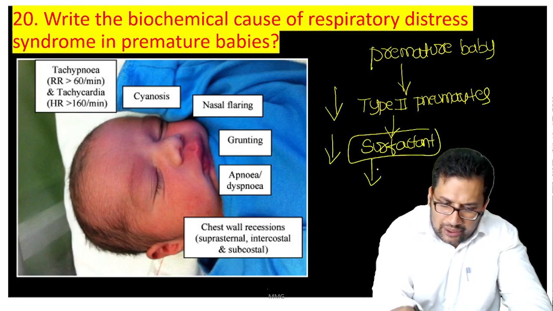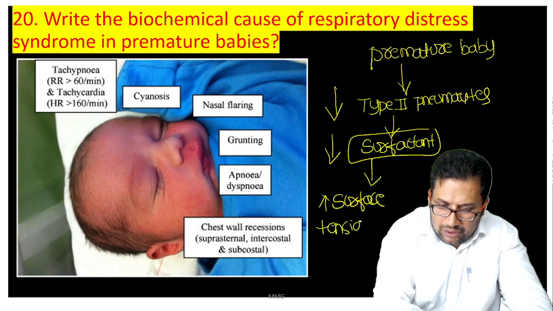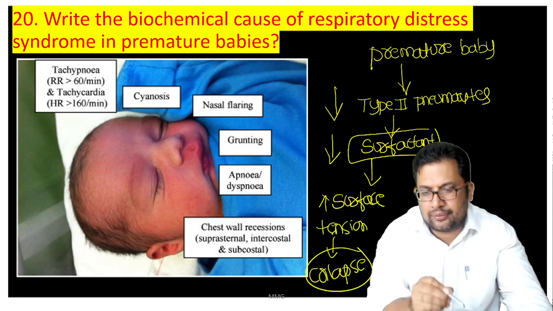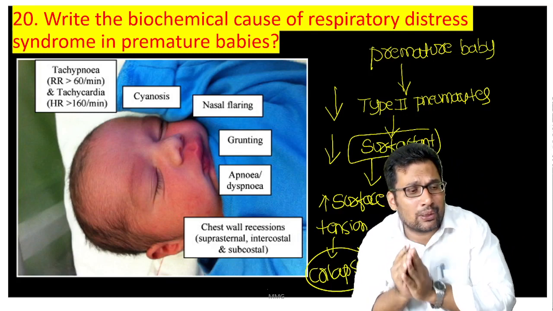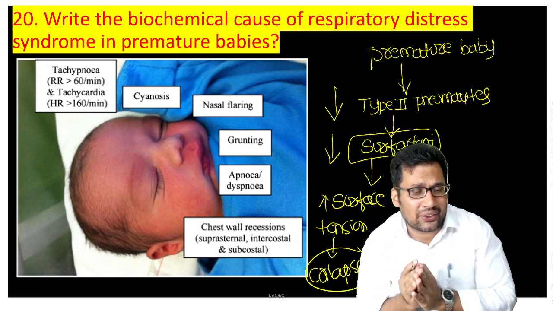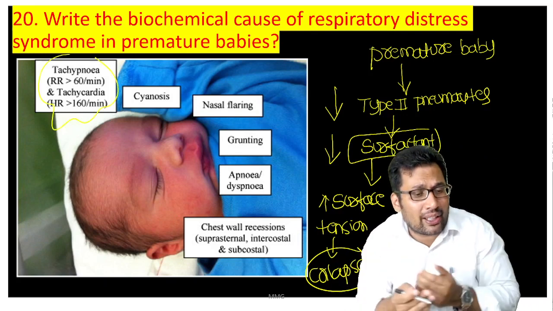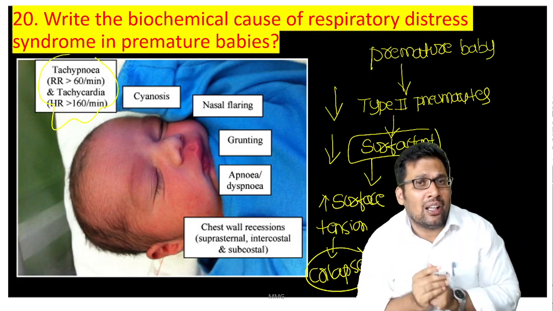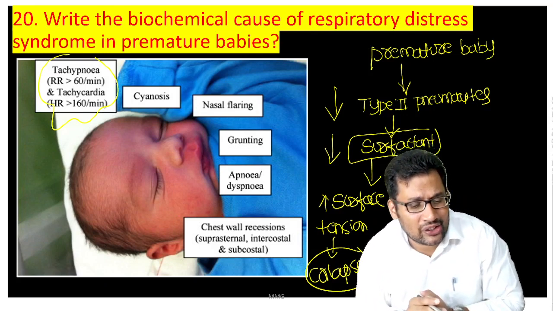When there is no surfactant, there is increased surface tension. This leads to collapse of the alveoli. When there is a collapse of alveoli, the patient will have signs and symptoms of lung disease: tachypnea, increased respiratory rate, cyanosis, nasal flaring, grunting, apnea, dyspnea, and chest wall recession.